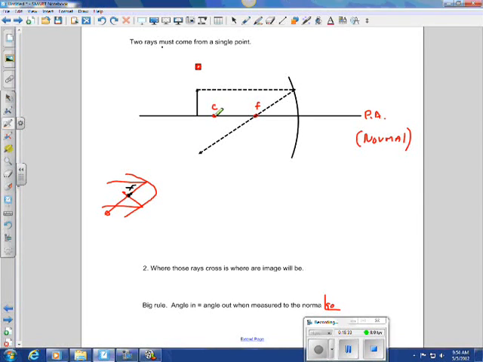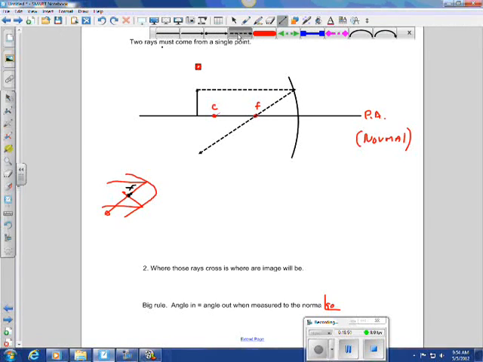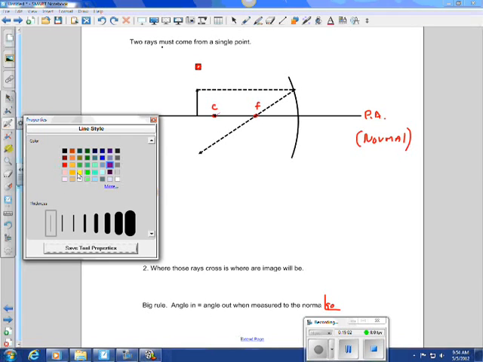I'm going to take this center point right there, okay? And I want to show you that if I draw this as a straight line, I'm going to try and draw this as a straight line going right up through that point right there.